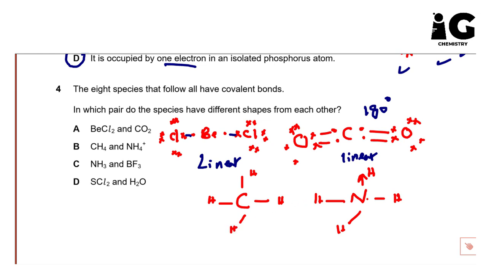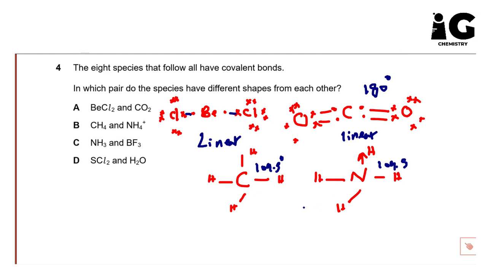And also remember here N and C are in the center, no lone pair. So all angles will be the same, and every angle equals 109.5. So all angles here 109.5. This is the same also here, 109.5. What about the shape?